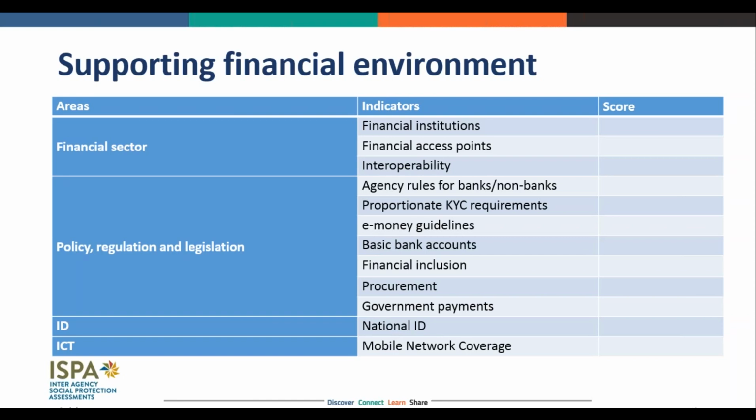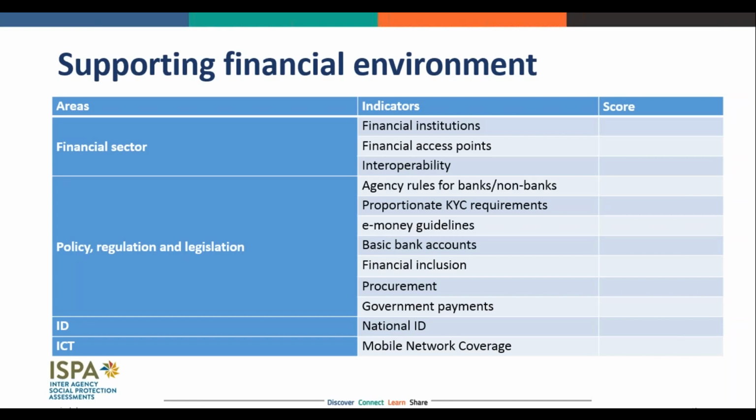We also look at interoperability. So this is effectively the proportion of financial access points that can be accessed by a financial institution and its customers. The easy example to understand this is if you bank with Bank A and you want to withdraw from an ATM, can you use another bank's ATM, or are you just restricted to your own bank's ATM?